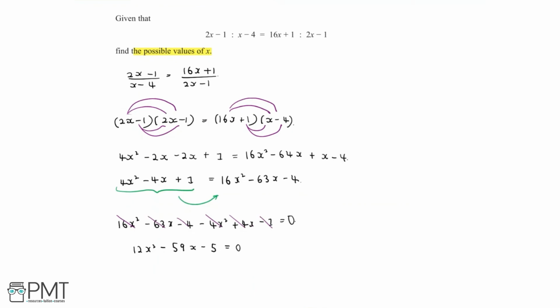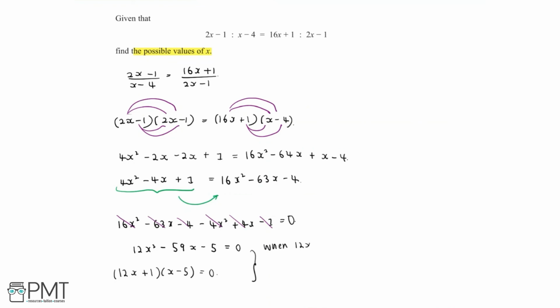To solve this quadratic equation, we need to factorize. And so 12x squared minus 59x minus 5 equals 0 can be factorized into two double brackets, where 12x plus 1 multiplied by x minus 5 is equal to 0. So now we can use this to find our two possible values of x.